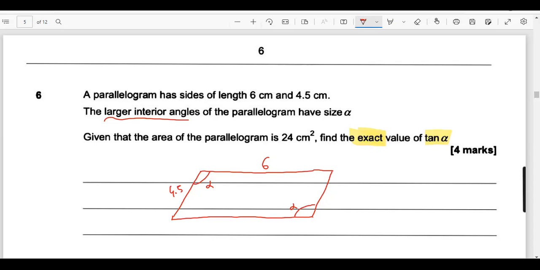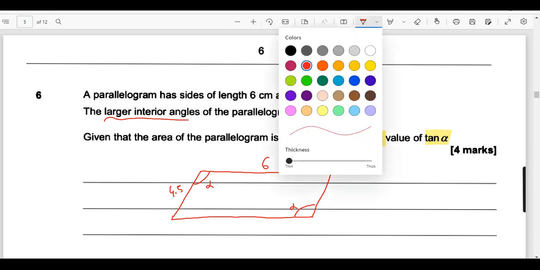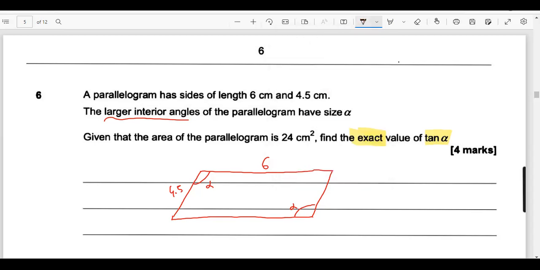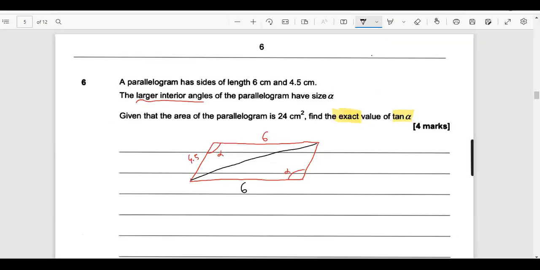All I can do is make a line here to make two triangles, and the area of both these triangles would be the same because this is 6 and this is 4.5. For such scenarios, when we do not have a right-angled triangle, we know how to find the area.